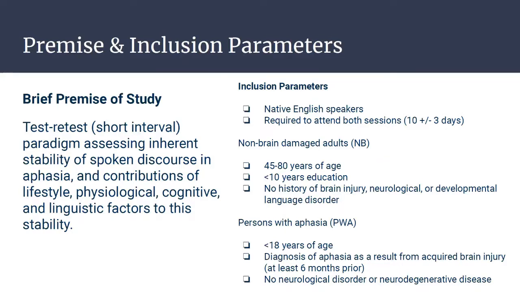And then our persons living with aphasia was our main cohort that we were interested in, in terms of stability. We were also interested in keeping this to chronic aphasia, so at least 6 months after a diagnosis of aphasia, which was the result of an acquired brain injury. So in this study, we weren't looking at, for instance, primary progressive aphasia, which is the result of a neurodegenerative disorder. This was only aphasia after acquired brain injury.